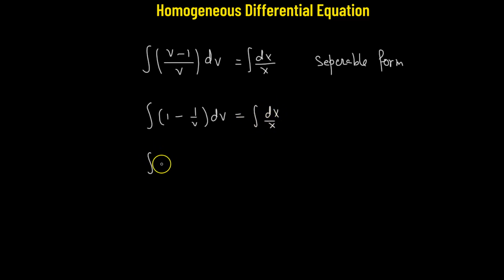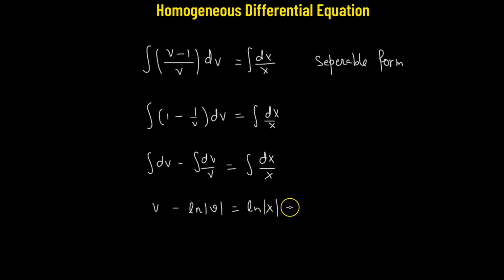That is, the integral of dv minus the integral of dv over v equals the integral of dx over x. The integral of dv is v, minus the integral of dv over v, which is natural log of v, equals the integral of dx over x, so that's natural log of x plus the constant of integration. So let's consider it to be natural log of c.